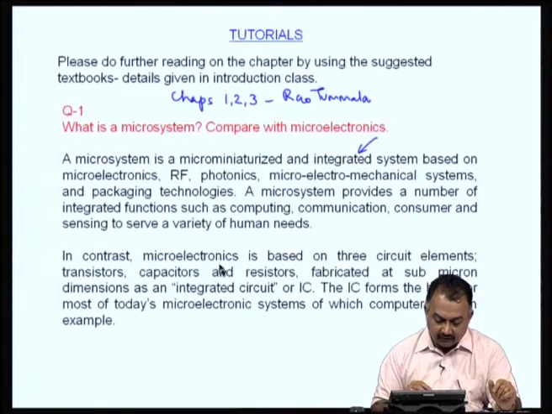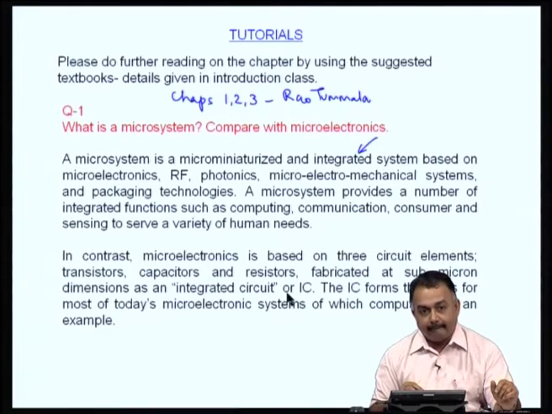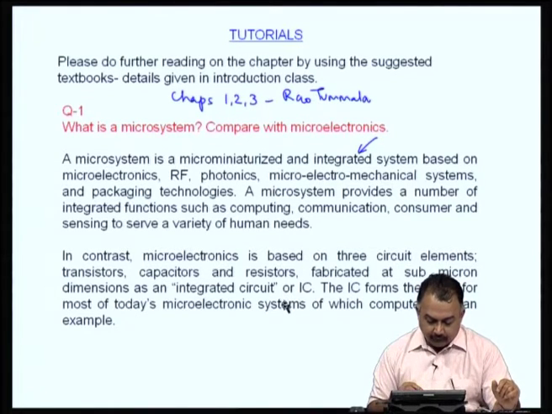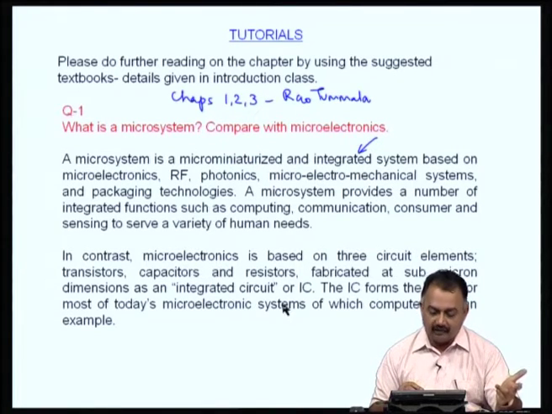In contrast, microelectronics is based on 3 circuit elements: transistors, capacitors and resistors, fabricated at submicron dimensions as an integrated circuit or IC. So, microelectronics would most probably cover all the aspects of an active device or an integrated circuit.